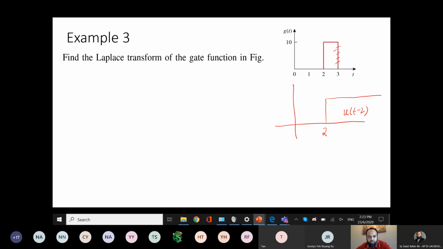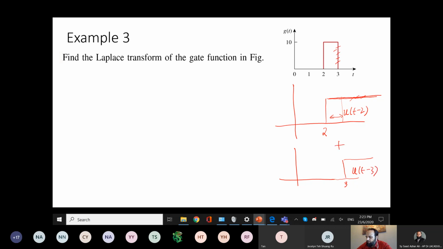A unit step function delayed by 2 sampling instants, right? And it is blocked here, so after this time this thing is gone. So something is subtracting from this particular signal, which would be another step function that starts at t equal to 3, which is u(t minus 3).